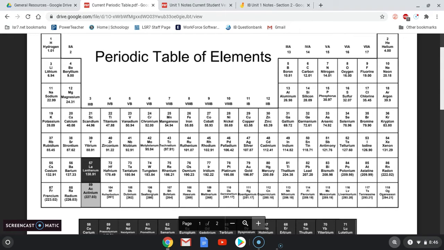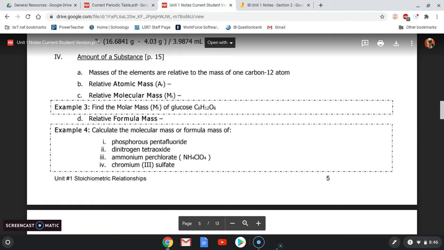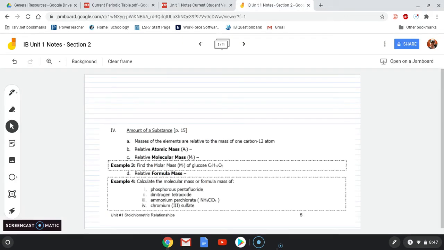Okay, so let's take a look back at the notes. We've got a couple more definitions. MR, capital M, lowercase r, molecular mass. That is going to be the mass of a molecule in grams per mole. So let me go over to our board we've been using.